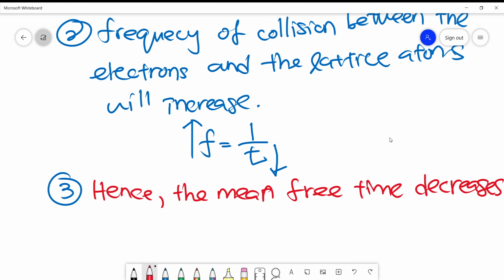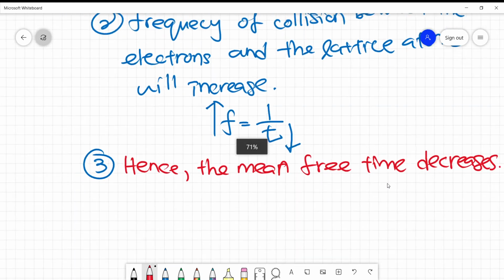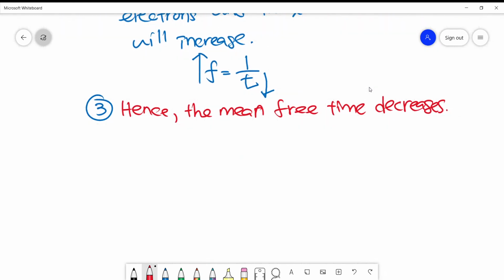Okay, so from the formula that we derived from the previous parts, this is the conductivity, sigma equals Ne squared tau over m. From this formula, I can see that sigma, the conductivity, is directly proportional to my mean free time.